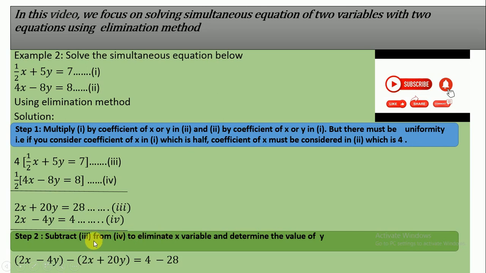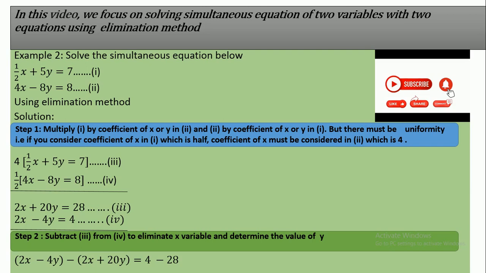In this case, we are trying to subtract 3 from 4 to eliminate x variable and determine the value of y. Please take note when you are subtracting algebraic equations, be very careful with the word from. You can see from this step 2, subtract 3 from 4. So it means you are going to write equation 4 before 3.